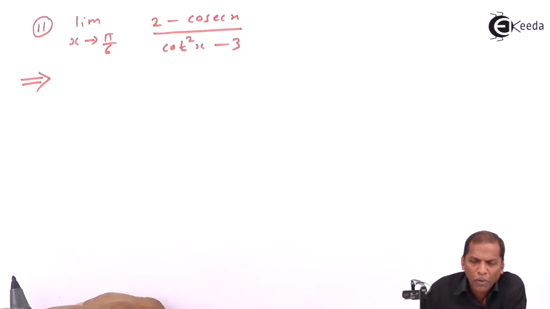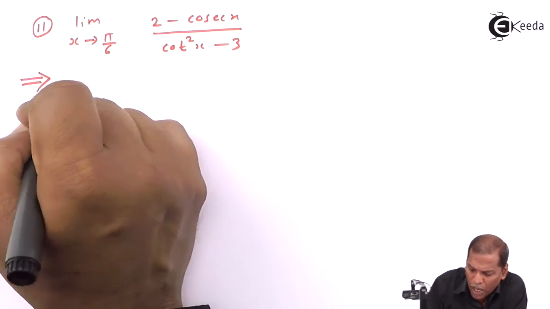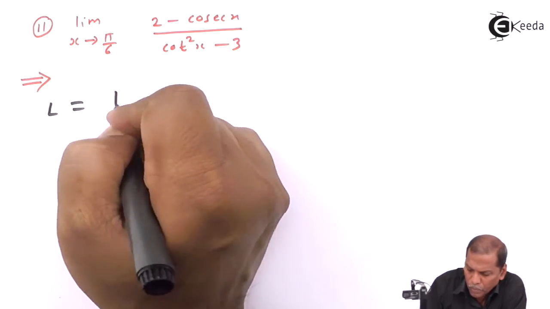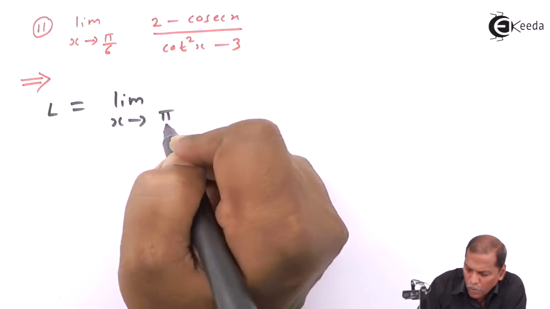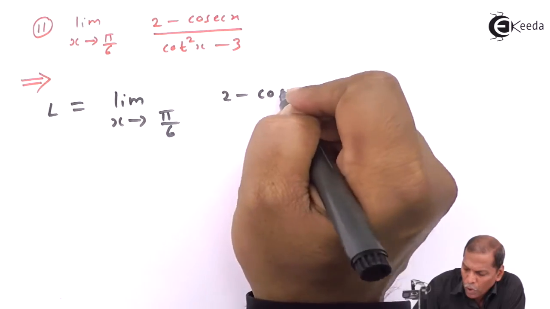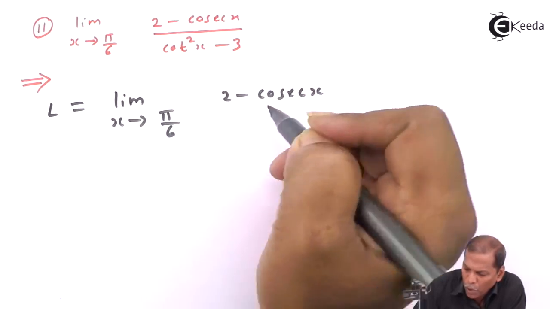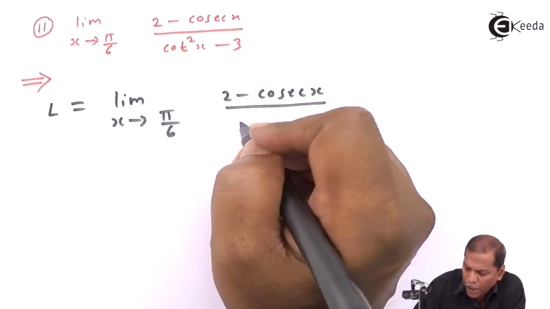First of all, the given limit we denote as L. So L equal to limit x tends to pi by 6, (2 minus cosec x) upon (cot square x minus 3).